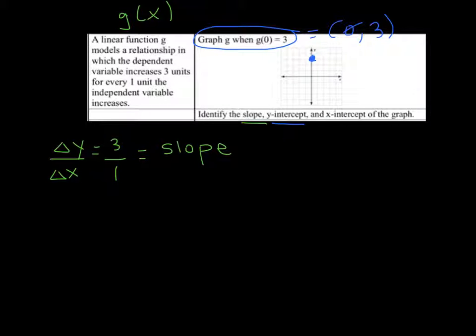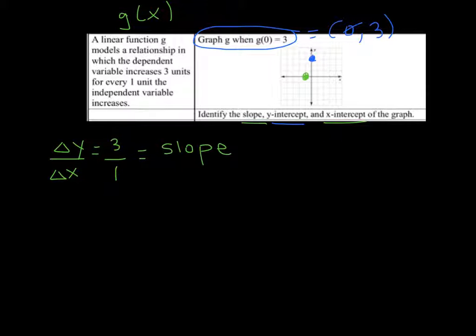Then I'm going to use that slope ratio, that rise over run, that 3 over 1, to graph another point, okay? So remember, I can go up 3 over 1, but since this is going to run off my graph, what would happen if I reversed that and went down 3 over 1? Then I would be on my graph right here, which actually is my x-intercept.